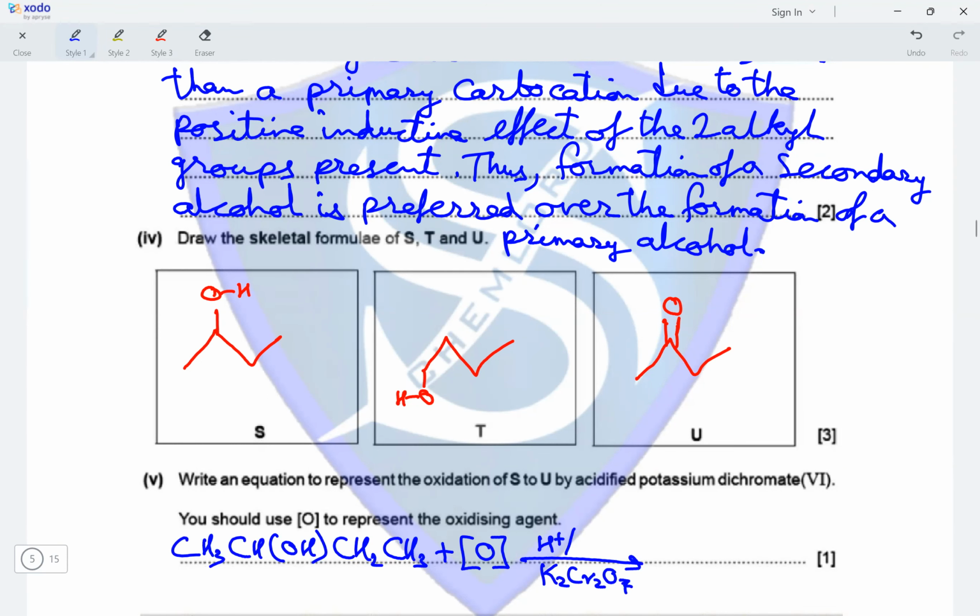We end up with a ketone which would be CH3COCH2CH3, and we would have production of a molecule of water. So this is the equation to represent the oxidation of compound S into compound U.